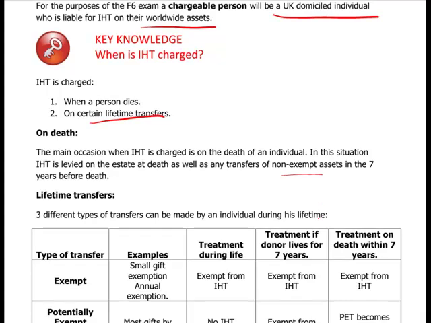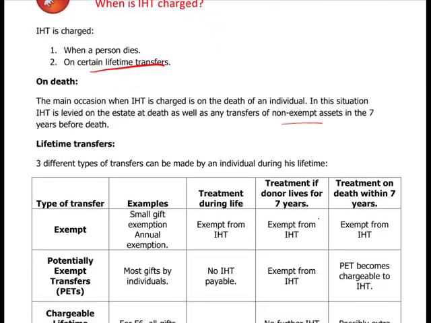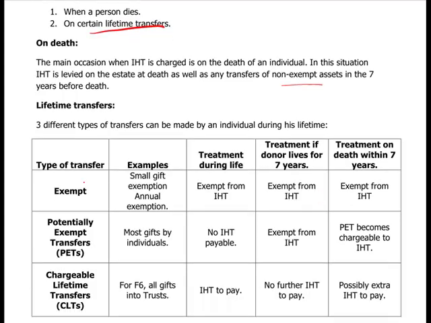Lifetime transfers. There are 3 types of transfers you can make during your lifetime. There are exempt transfers, which is where you make small gifts to an individual and they are exempt from IHT all the way through.